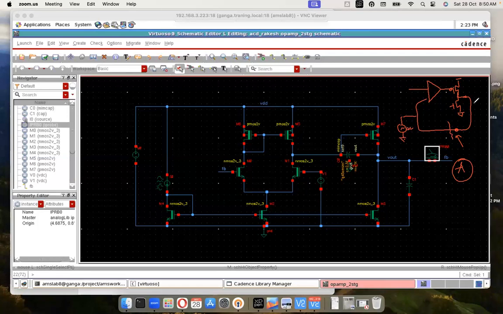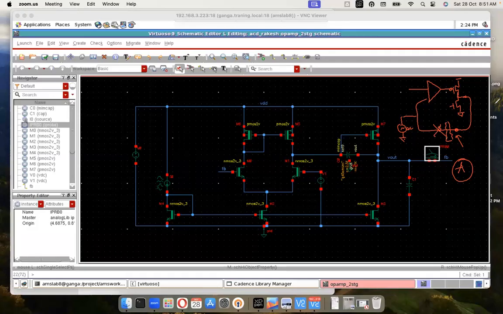Now, there's a catch here. For any AC response, your DC operating point has to be set. Meaning, you cannot randomly break the loop here, disconnect the wire completely, and then give an AC input here. It doesn't work that way, because your DC operating point is not really fixed.